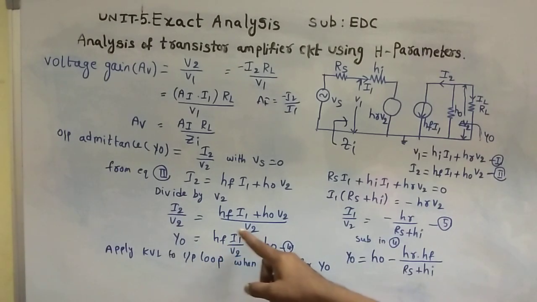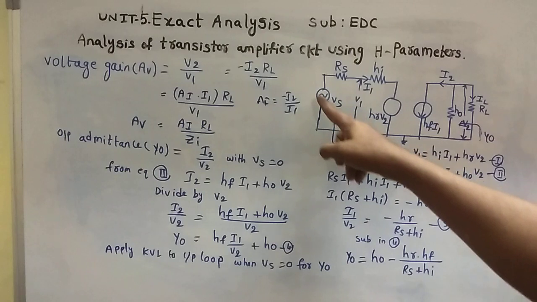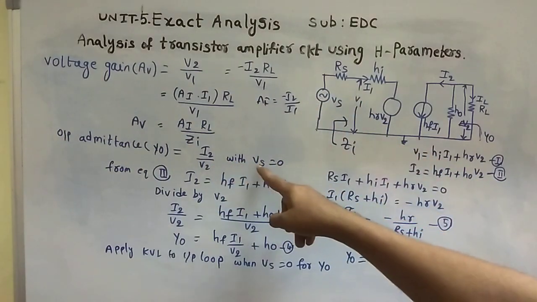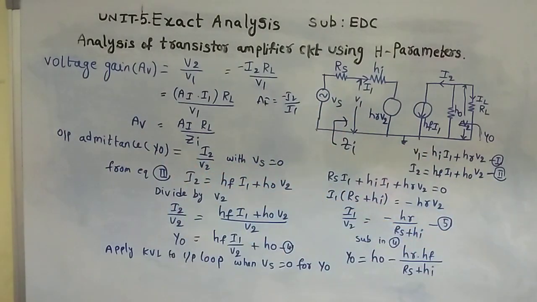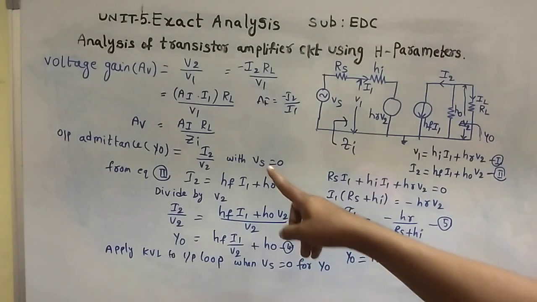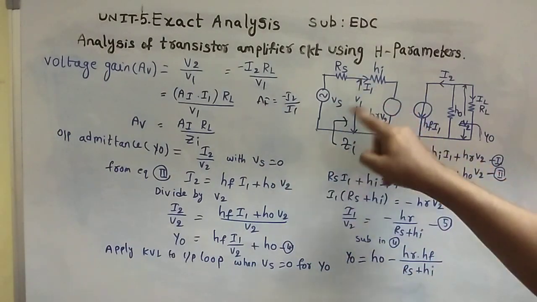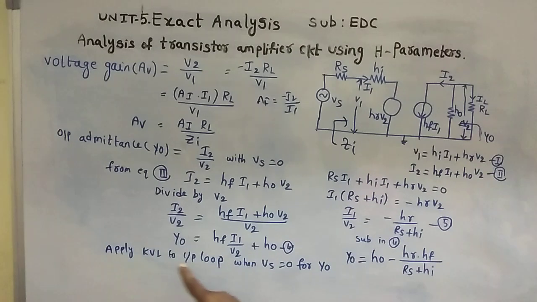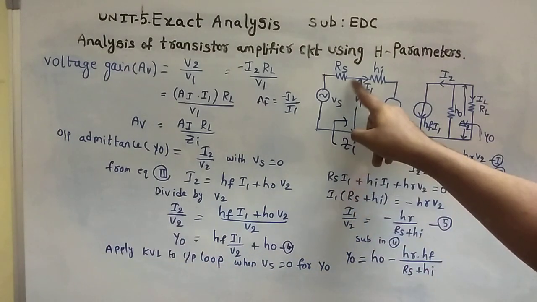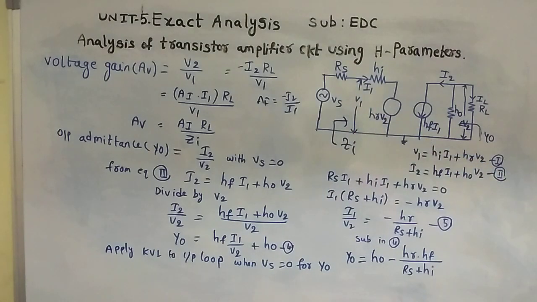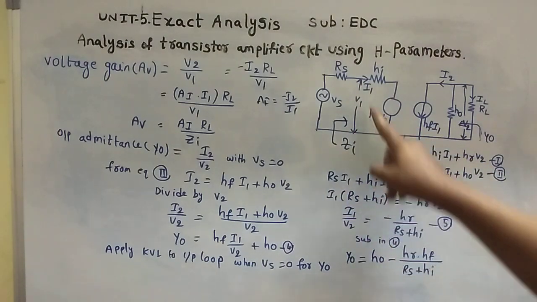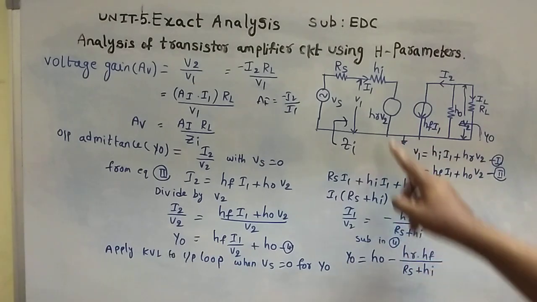Here we don't know I1 by V2. That we have to find. When Vs is equal to 0, we are going to calculate the output admittance. So when Vs is equal to 0, apply KVL to the input loop. Then Rs into I1, the current flowing through this is I1, Rs into I1 plus Hi into I1 plus Hr into V2.